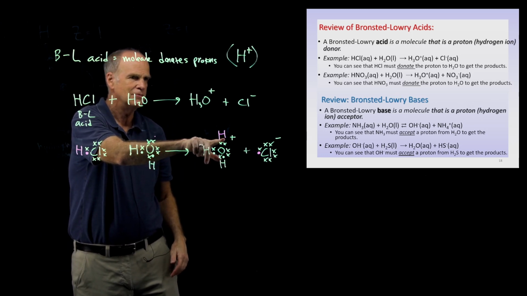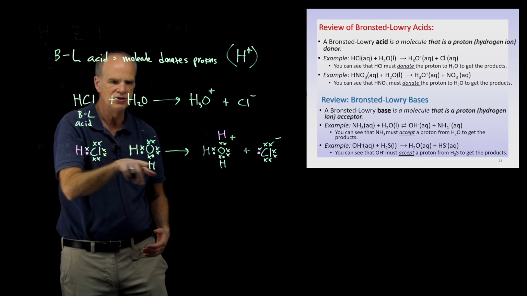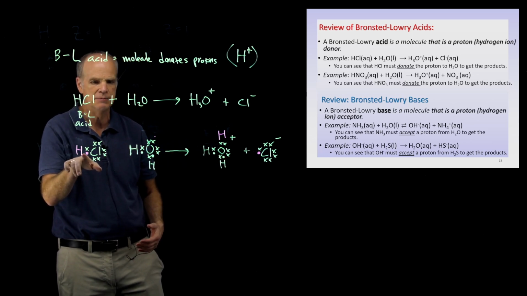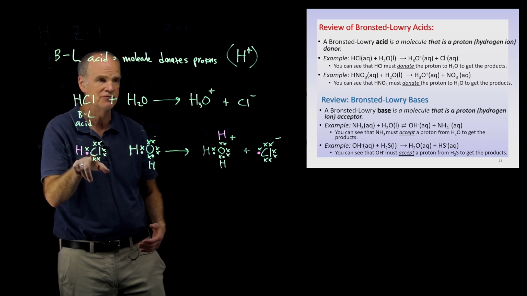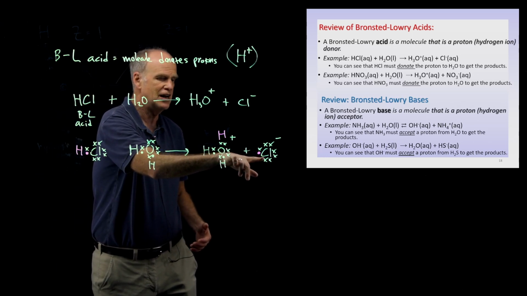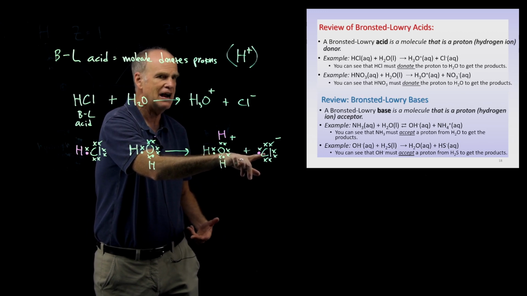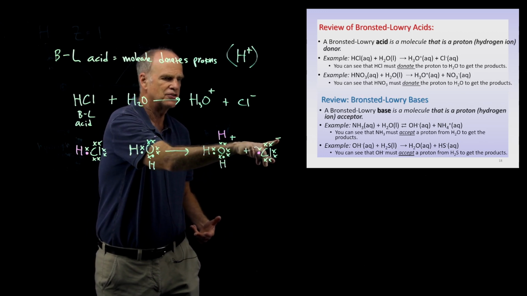So the hydrogen ion or proton has stuck onto the water, and you will notice that the hydrogen atom left its electron with chlorine. So when chlorine picks up the electron, it is no longer a neutral chlorine atom. It has hydrogen's electron, so it's chloride.